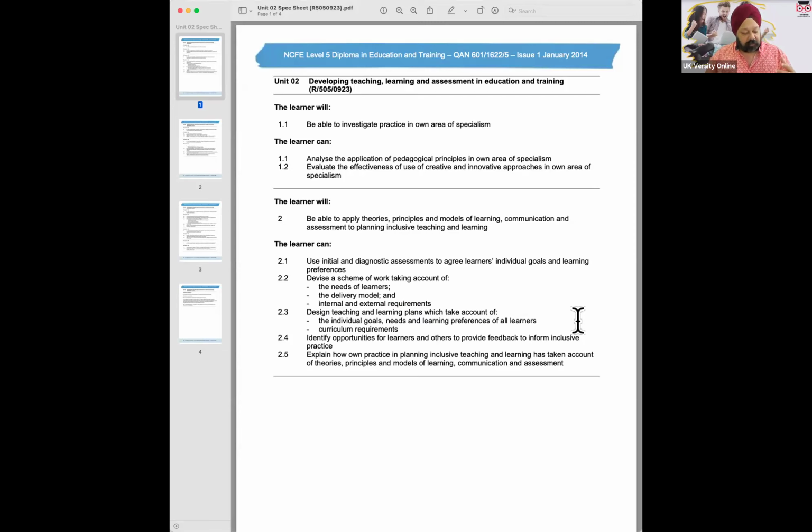And there was a shorter version of the ILP which primarily had 2 pages, and that ILP you will need to have filled up to show how individual goals, needs, and learning preferences of learners are put into that, agreed with the learners, and how you put activities down which will allow learners to cover up the areas in which they are lacking.